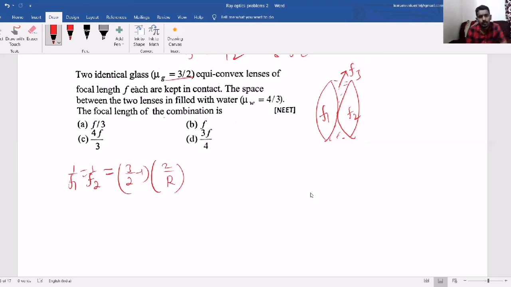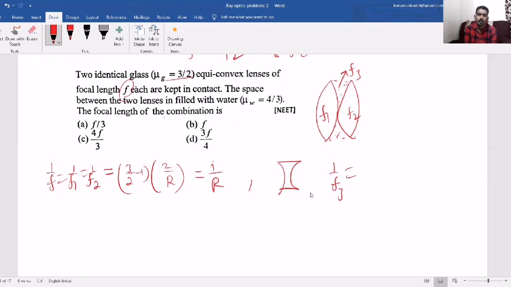So this is actually the focal length of each of them, which is equal to 1 by f, because the two convex lenses each have focal length f. So 3 by 2 minus 1 means 1 by 2, the 2 cancels, equal to 1 by r. Now, if you consider this part.